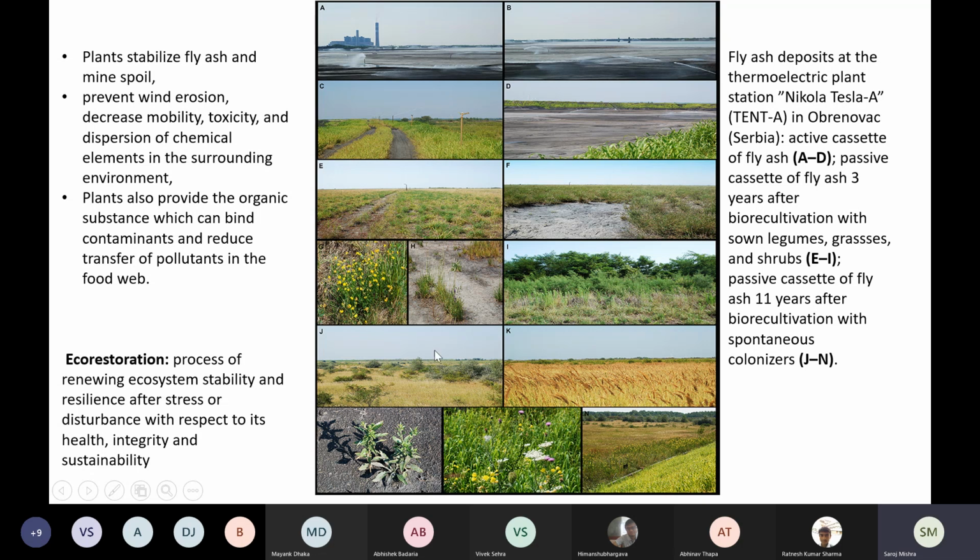Okay, and then J, K, L, M, N, what you see, these are all passive. That means there is no more fly ash being deposited in these areas anymore. So these are called the passive cassettes of the fly ash 11 years after biorecultivation with spontaneous colonizers.